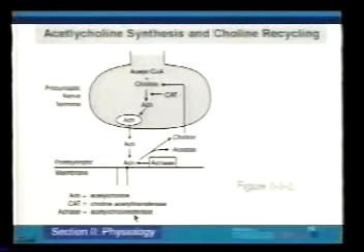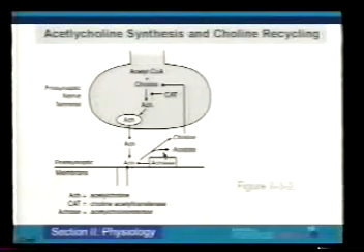I want to emphasize that the main mechanism terminating acetylcholine action is enzymatic digestion with this enzyme.